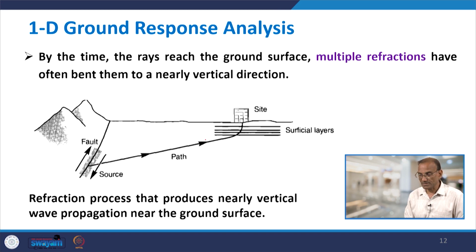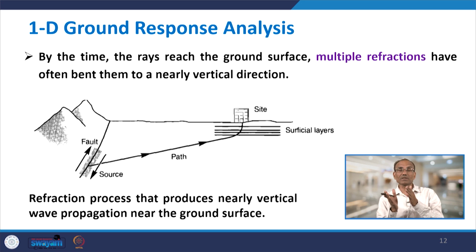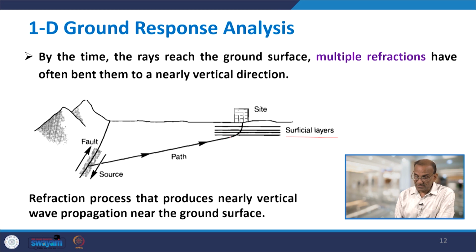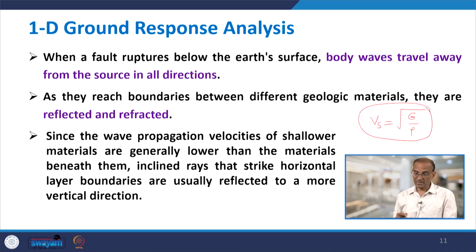So, it could be a path, and when they are travelling through the rock, this could be the path of that one. But when these waves start reaching the ground surface, they encounter layered soil, what is called the superficial layers, and in this superficial layer, when these waves strike some boundary, they will be reflected to a more vertical direction.